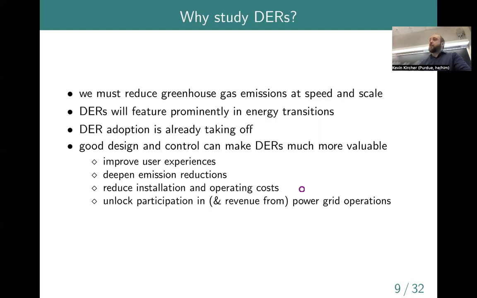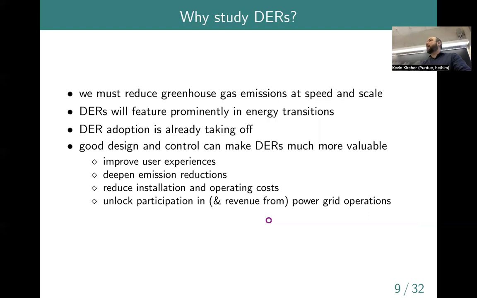Maybe we can make things more affordable for people. We can come up with better designs or better operating principles that save people money, either upfront or over time on energy bills. And then it turns out that DERs can play really interesting and crucial roles in maintaining reliability of the electric power grid. And of course, we know that electricity plays a crucial role in many of our lives, from the consumer electronics that entertain us to the medical devices that keep some folks alive.